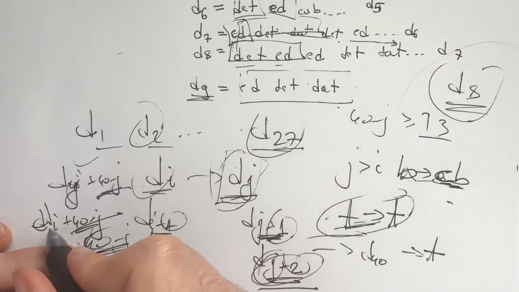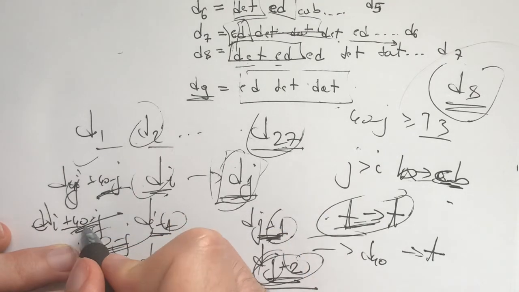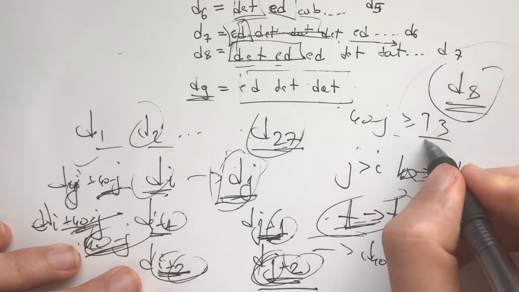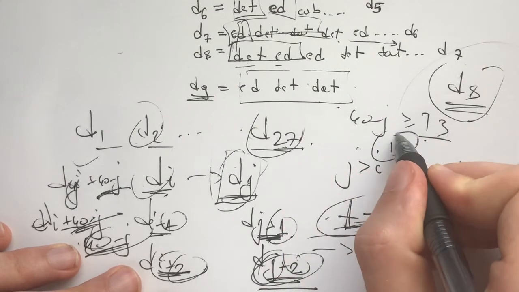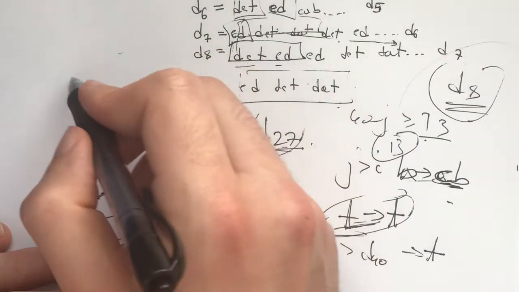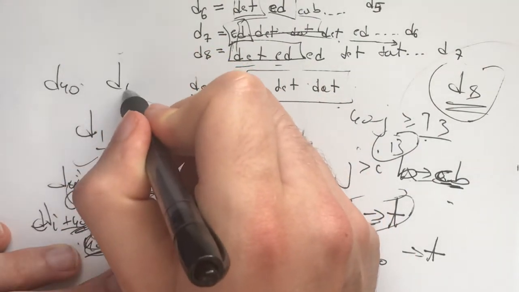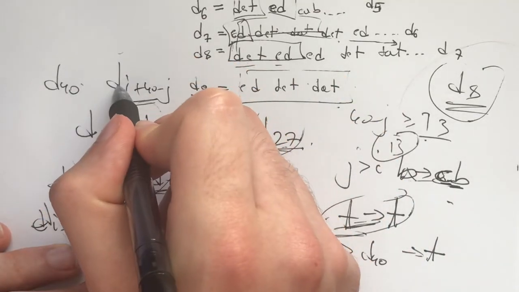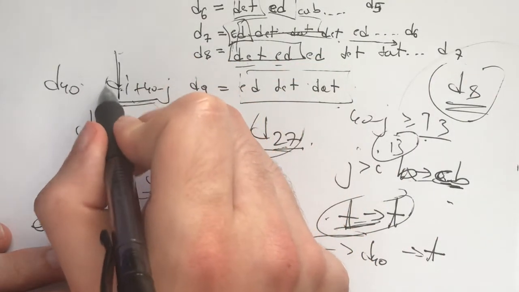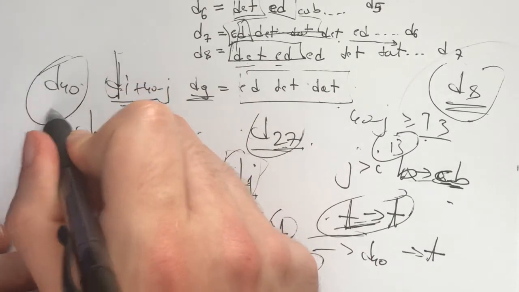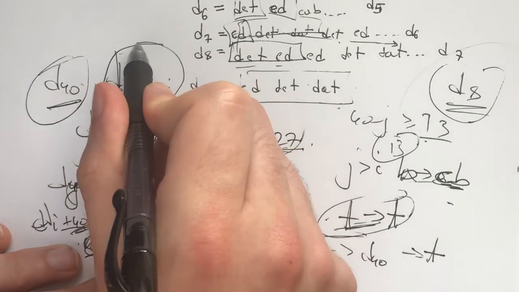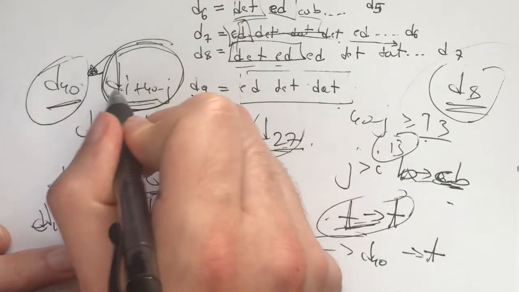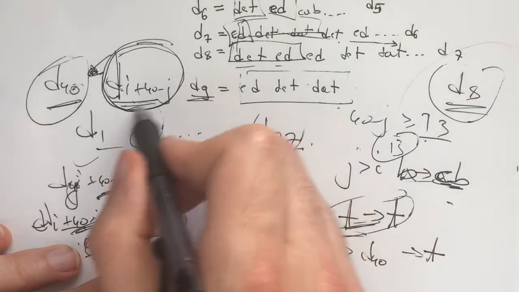So D40 and DI plus 40 minus J begin with the same 13 words. And now because D40 contains DI plus 40 minus J, and it's not at the beginning, this means that the first 13 words that appear here will appear later on in the sequence because this is part of this and it's not at the beginning. So that solves the problem.